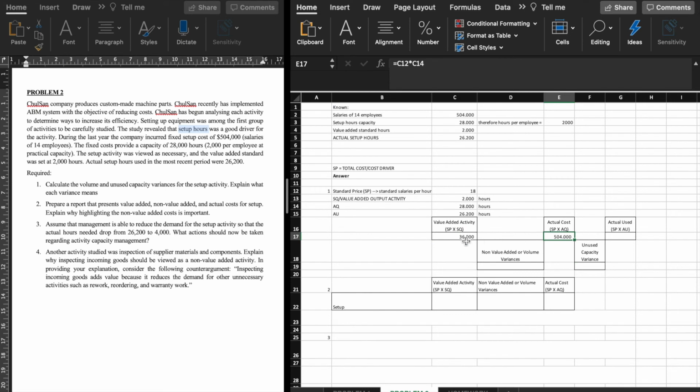From these differences, we can know the non-value added or volume variance. And then we can calculate the actual use. It is the standard price times actual use. And from this one, we can know the unused capacity variance.